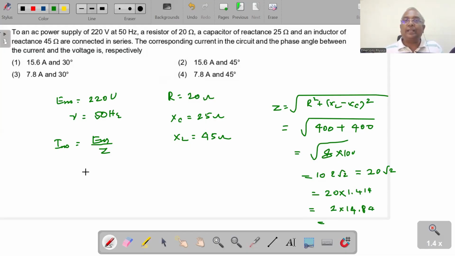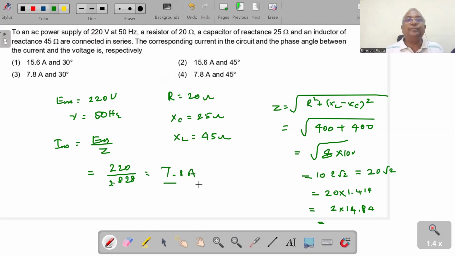So IRMS is ERMS, 220, divided by 20 root 2. When we calculate this, IRMS is 7.8 amperes.